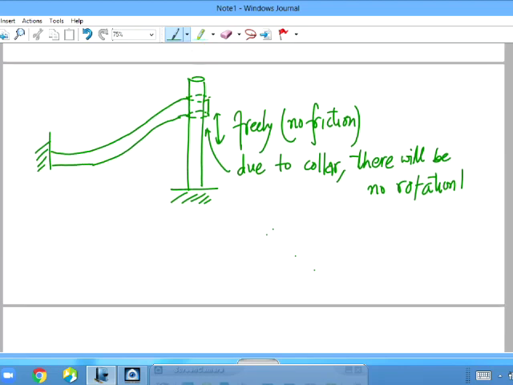So that's EI dθ/dx is equal to the bending moment, and then dy/dx minus θ is equal to the shear force V over kGA. Correct? Let us suppose we are applying a force here also, some shear force F.